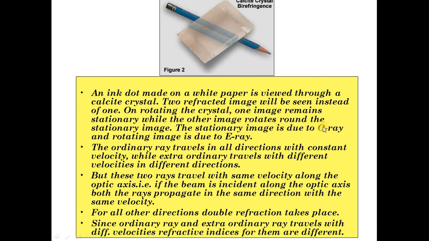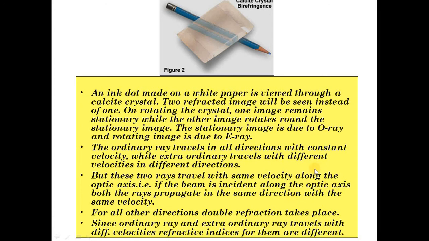The stationary image is due to the ordinary ray, and the rotating image is due to the extraordinary ray. The ordinary ray travels with constant velocity in all directions, while the extraordinary ray travels with different velocity in different directions. Both of these two rays travel with the same velocity along a direction, and this direction within a crystal is called the optic axis.